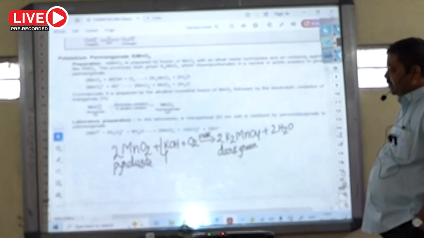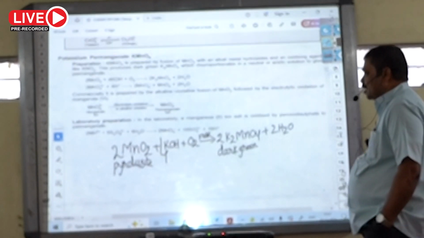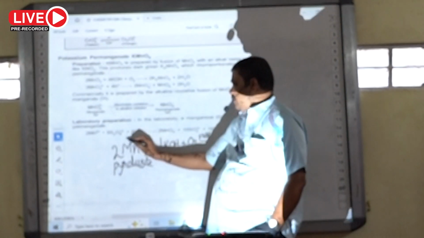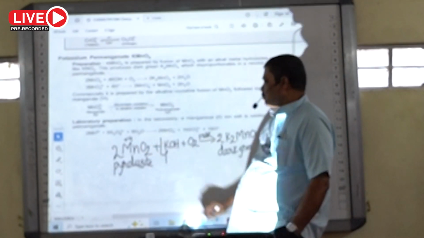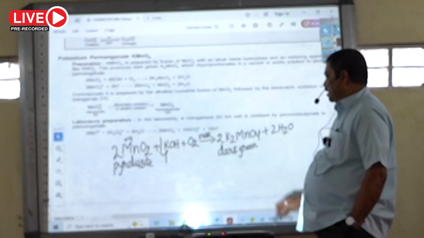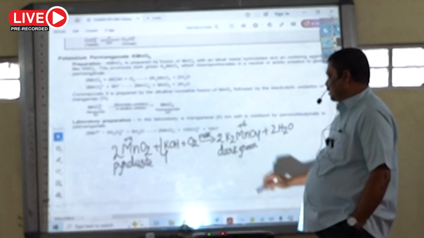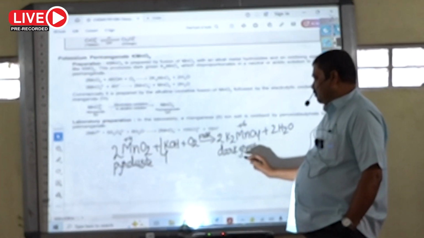Now it is balanced. Here manganese is in the +4 state. Here it is in the +6 state. It is called potassium manganate.